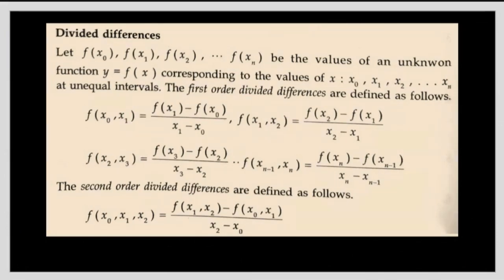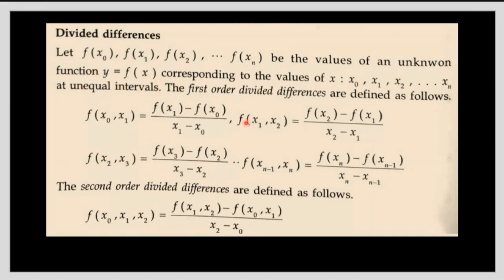Let f of x naught, f of x1, f of x2, up to f of xn be the values of the function y equal to f of x corresponding to the values of x, where x represents the set of data x naught, x1, x2 up to xn, which are at unequal intervals.